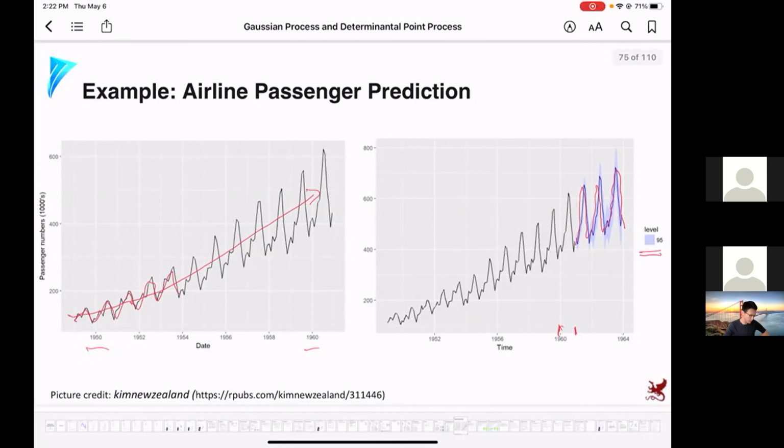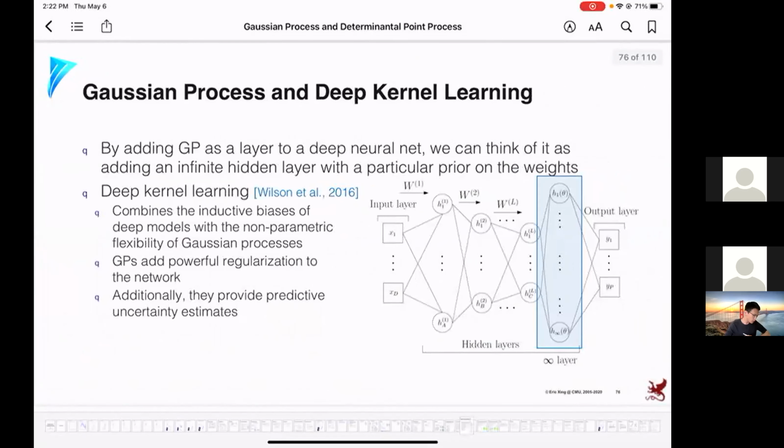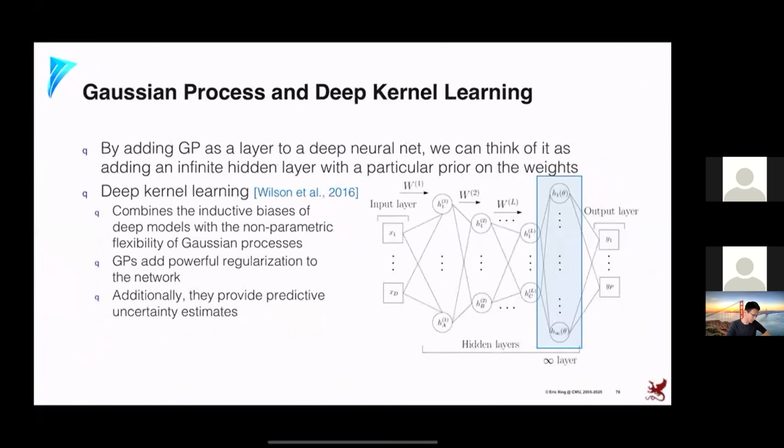Okay, it seems the confusions are cleared and we have a more intuitive understanding of different kernels. Then let's go through the new topic for today. We're going to discuss one work combining deep neural networks and Gaussian processes. First of all, I want to point out that right now people are very fascinated with deep neural networks.